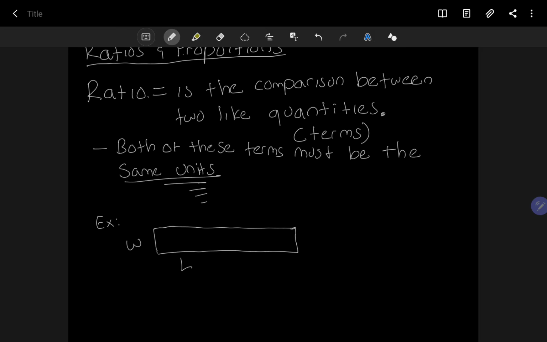If I want to compare both of those, and let's say this one is 13 millimeters, well, this one is 9 centimeters. Can I compare both of them? No, right? Because they're both different units.